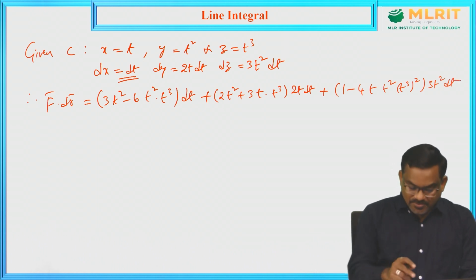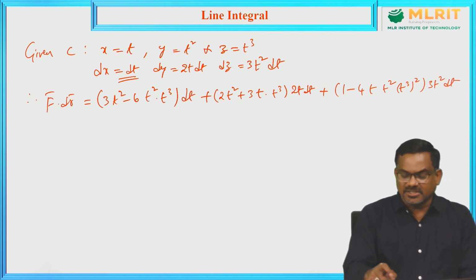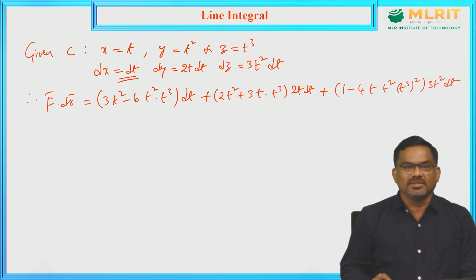Now, we can observe that this F bar dot dr bar is completely in terms of a single variable, that is t.